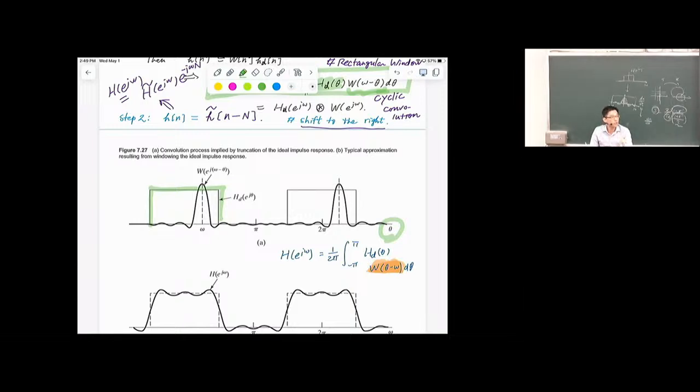We see the ideal response right here, having unity gain in the pass band, and zero gain for the stop band.